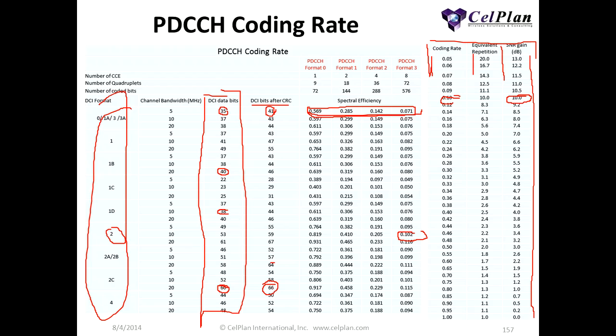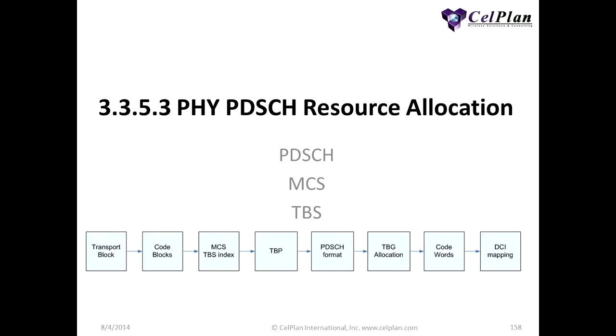So that is the kind of trick that is used. But if I'm using DCI 1, I probably will need to use 0.071, that is the lowest one.